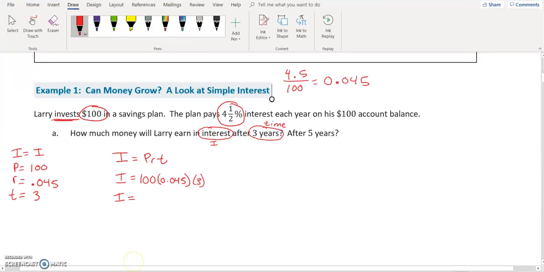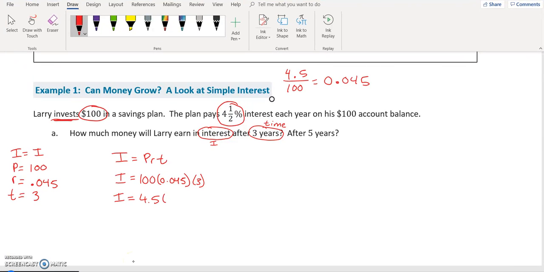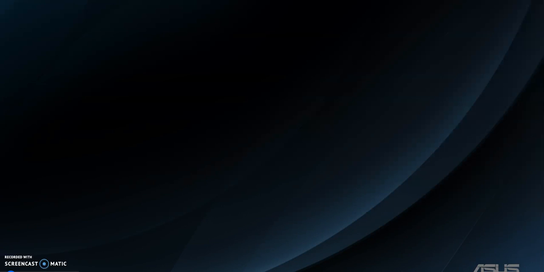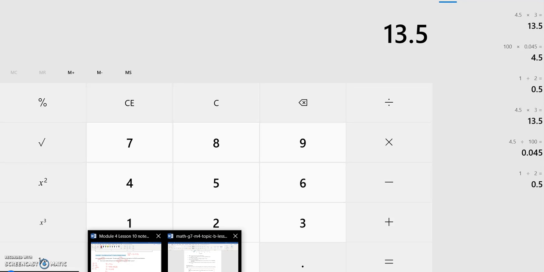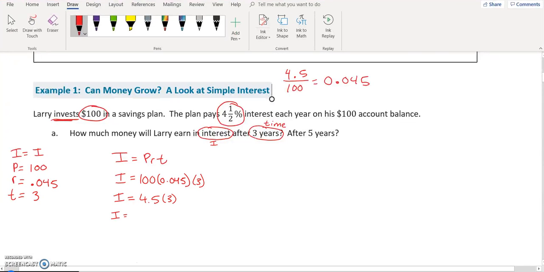So if we multiply by 100, we're going to go right back. So 4.5 times 3. So the interest is equal to 4.5 times 3, which is 13.5. So interest is equal to 13.5.